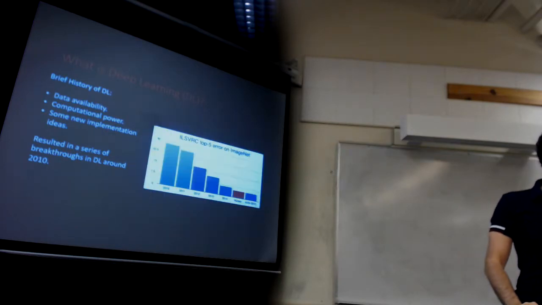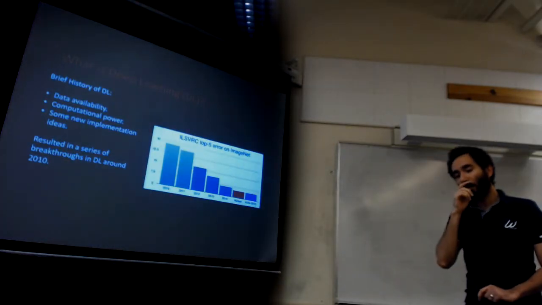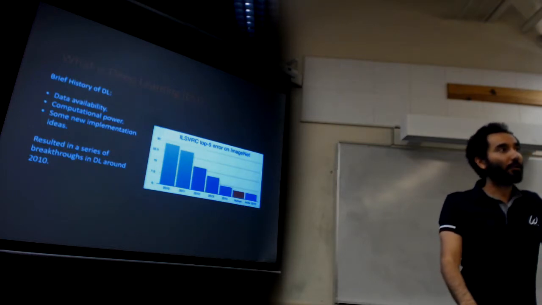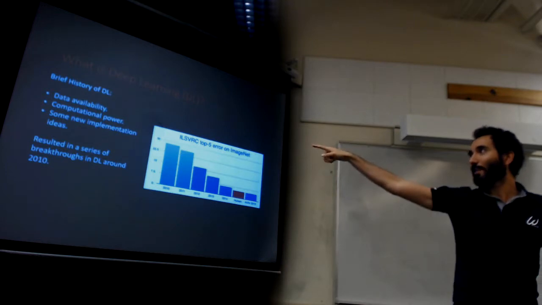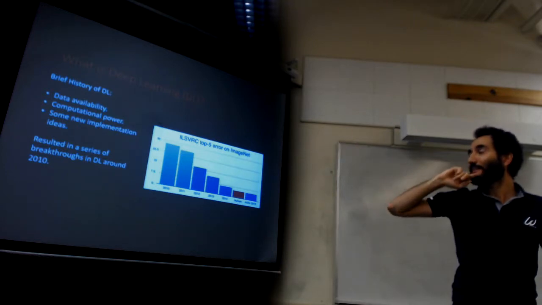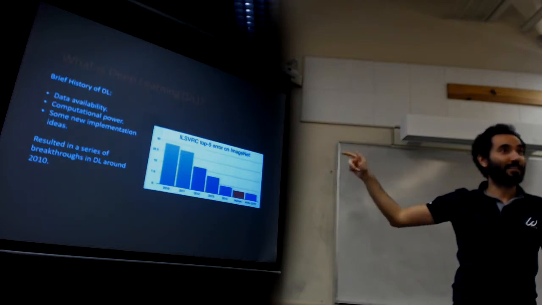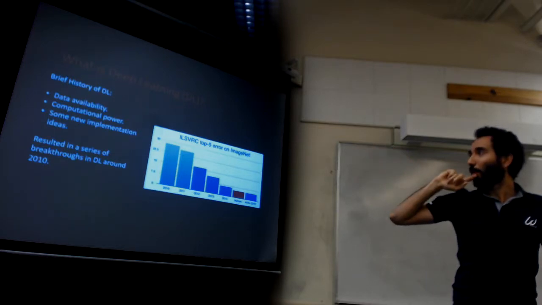And really, in my view, this is a personal opinion that might not be very accurate, I don't think those three reasons that everyone is talking about are necessarily the reason that deep learning got so popular.